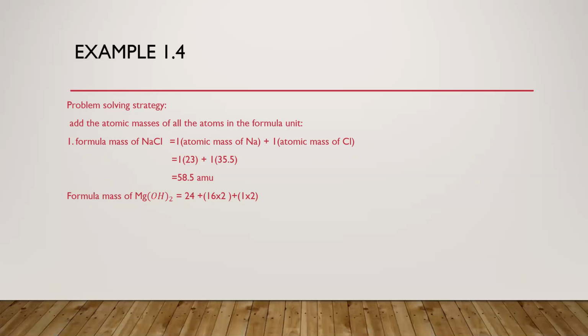So 2 oxygen and 2 hydrogen: 16 multiplied by 2, and 1 hydrogen, 1 multiplied by 2. Okay, now 24 plus 32 plus 2, the answer will be 58 AMU.